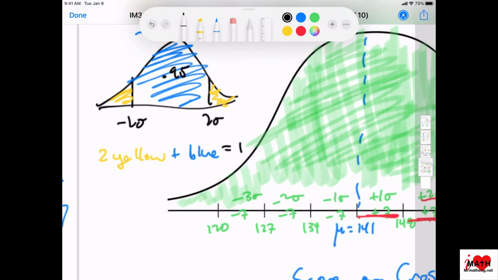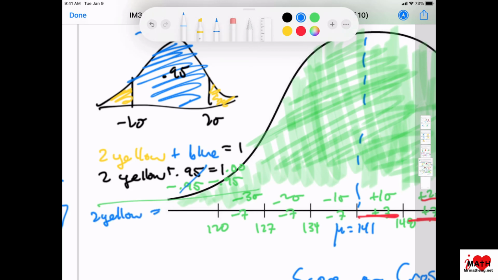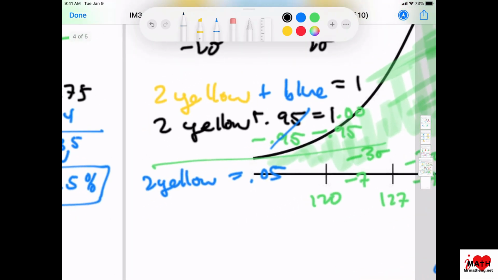The blue represents 95. And I can subtract 95 from both sides. Remember, this is 1, so I have 2 yellows equals 0.05, and you can use your calculator, divided by 2. You will get each yellow to be 0.025.